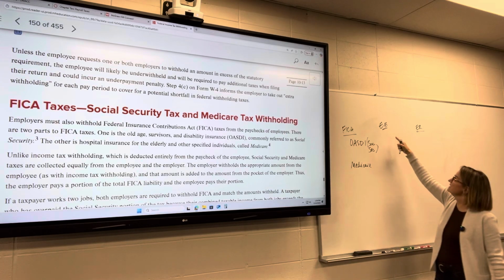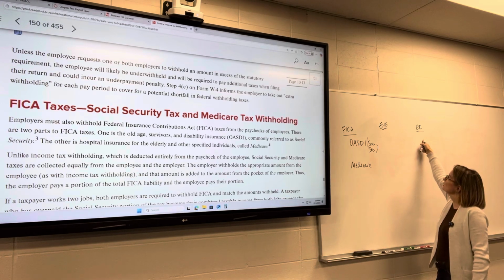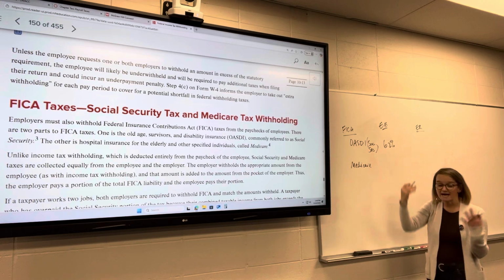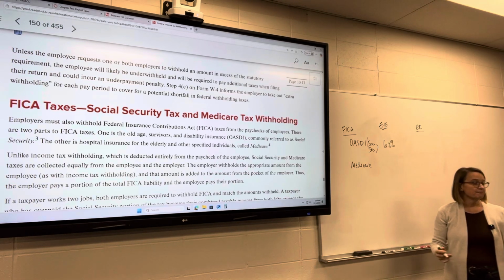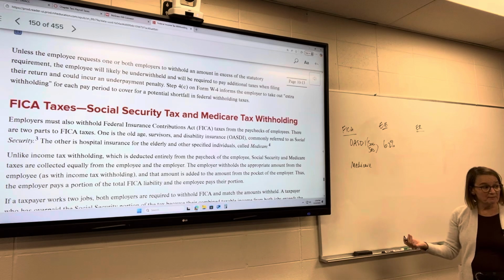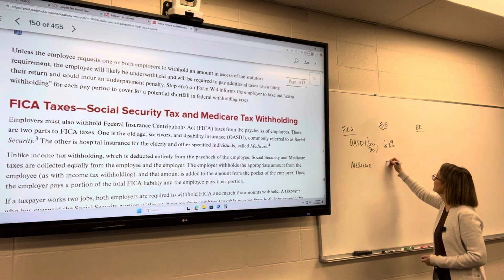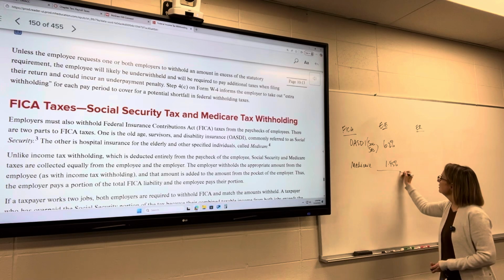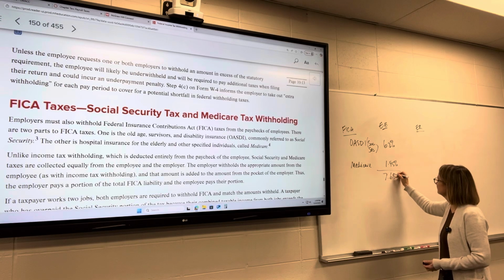The tax rate, so this is employee, this is employer. The employee pays 6.2% of their taxable wages up to a maximum amount, and 1.45% in Medicare taxes, for a total of 7.65%.